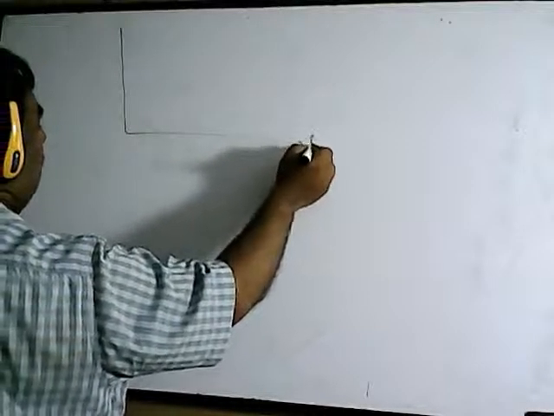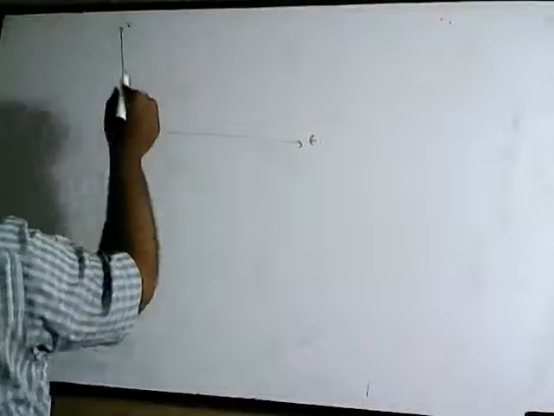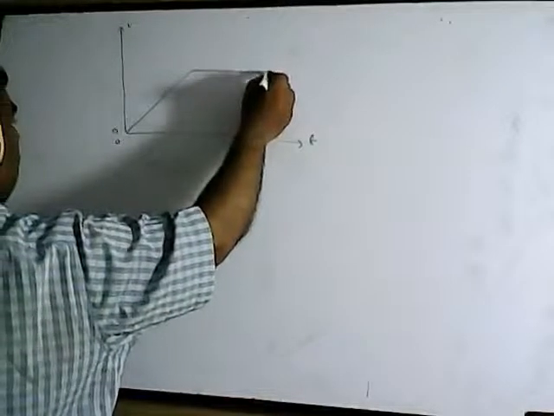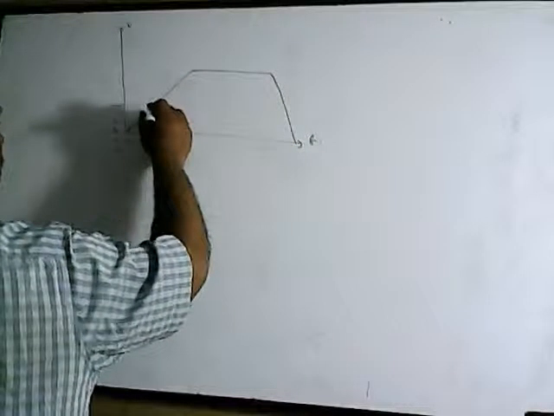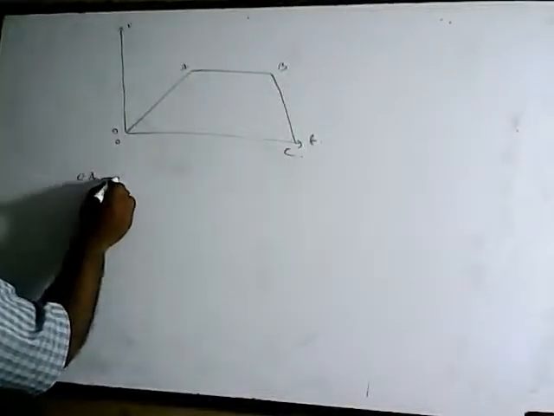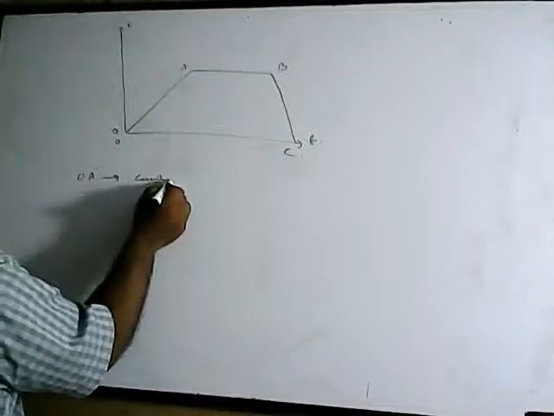Now for example, take another example which usually comes in exams, and I will solve a few other questions using this one. Suppose what happens about this graph, it's the time and it's the velocity. This is what happens in the OA section. Constant acceleration.